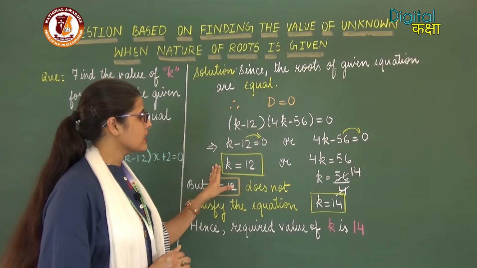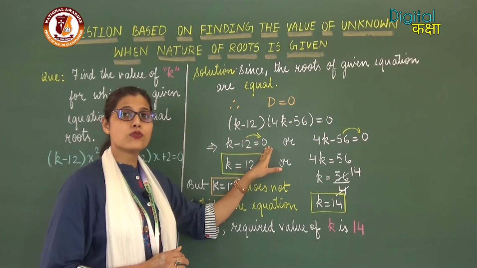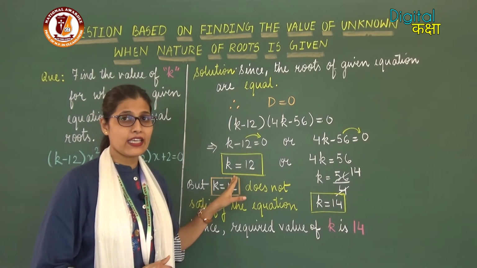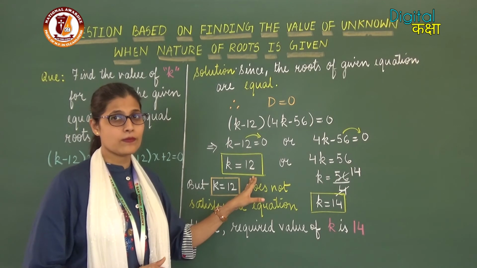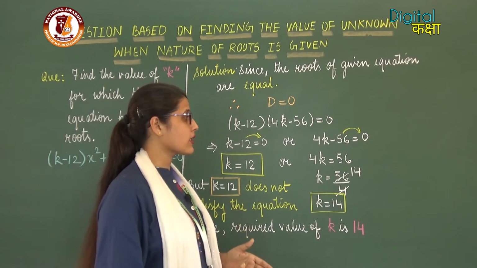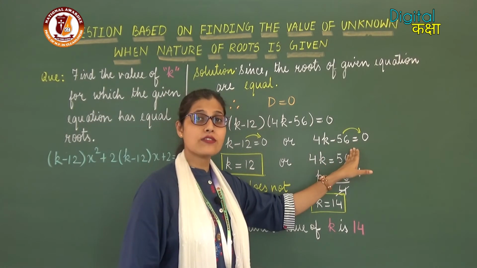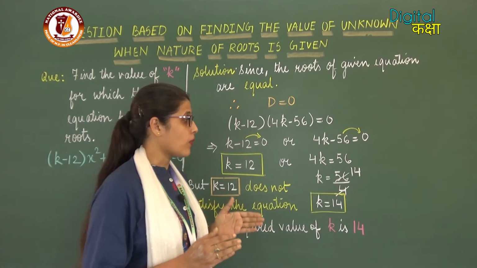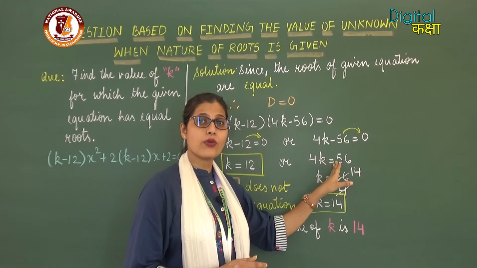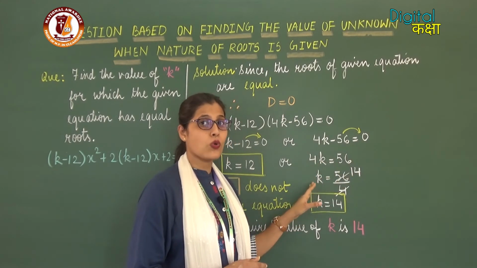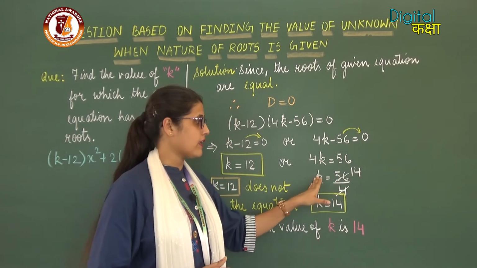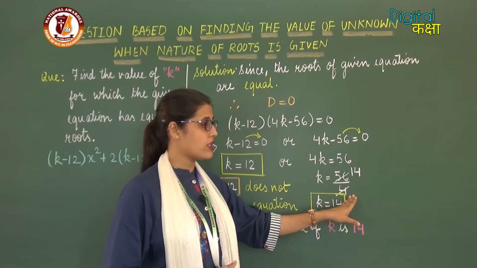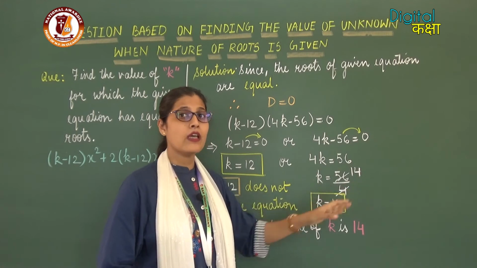On equating k − 12 = 0, we will be getting the value of k equal to 12, and on equating 4k − 56 = 0, we will be getting 4k equal to 56. So, the value of k equals 56 upon 4, which is equal to 14.